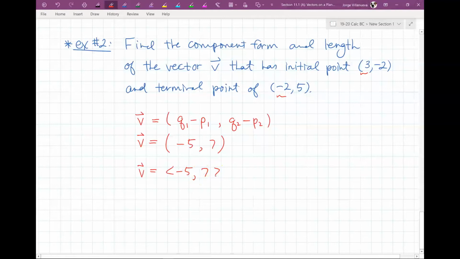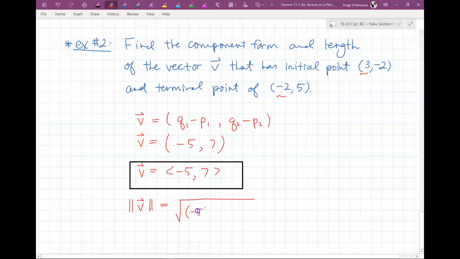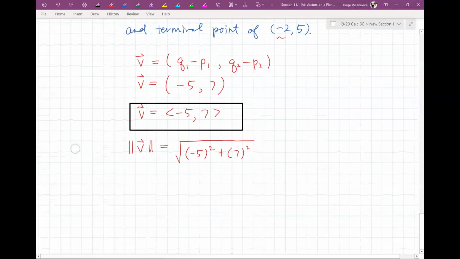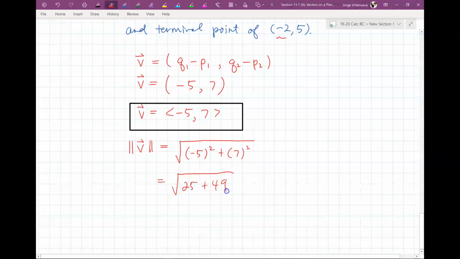Okay. Now, we found its component form. Now they want the length, so they want the magnitude of v. So that's just going to be the square root of -5 squared plus 7 squared. Right? Just take the components and square them. So square root of 25 plus 49.